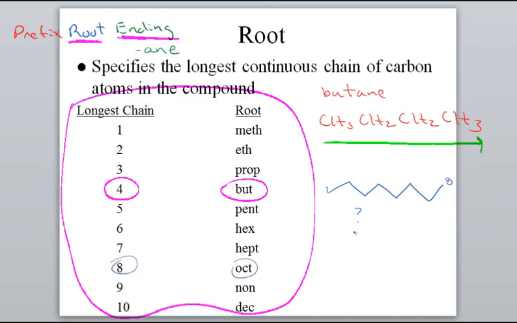And the ending is ane, so this is octane. So there you go. Right now we know the ending, it's always ane for our examples. The root, we can use this table. The prefix, we use the prefix if there's branching. On the next page we'll see how those prefixes are named.